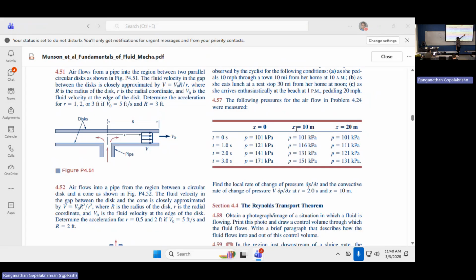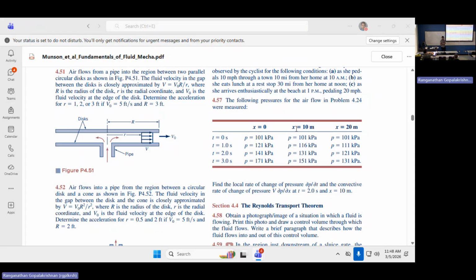Would it be 131 and 116? I have to take 10 meters. I'm at 2 seconds, looking back 1 second to know how much I've changed in 1 second. Yes? No?